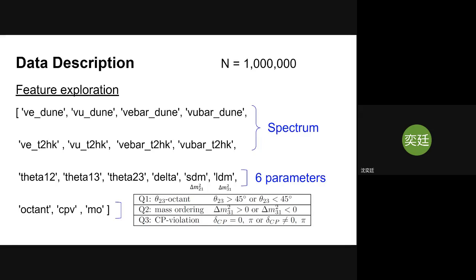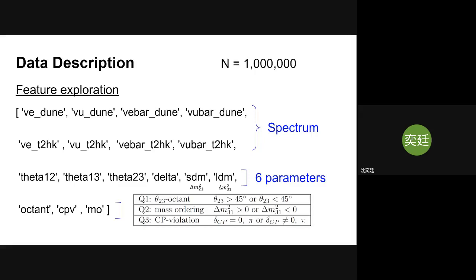Okay. Hello everyone, I'm Shen Yiting. Now for data description. Here are our features. We have a total of 1 million data. Each data contains 17 features. The first 6 terms are the energy spectrum of different flavor neutrino in different experiments.